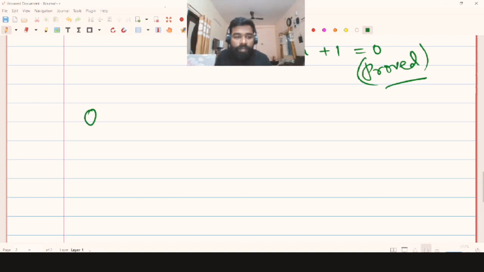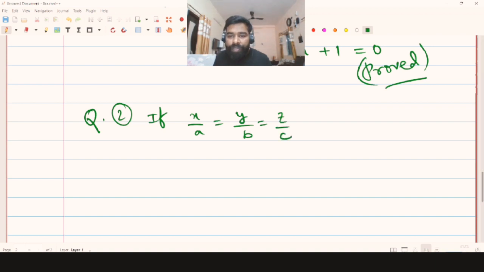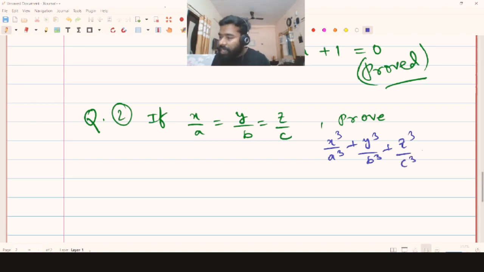Question 2. If we have x by a, y by b equal to z by c, then prove that x cube by a cube plus y cube by b cube plus z cube by c cube is equal to 3xyz by abc.